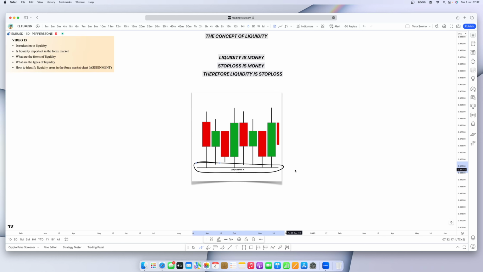Because remember, we have three types of Forex analysis: technical analysis, fundamental analysis, and the third one is sentimental analysis. So you can look at this and say, okay, the information smart money is trying to show you here is that this is a strong support level.